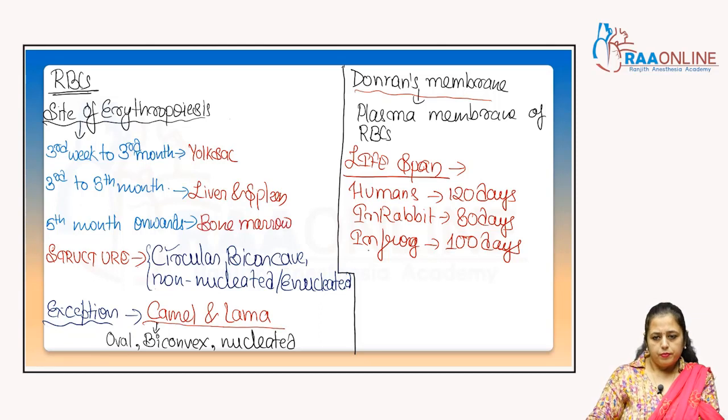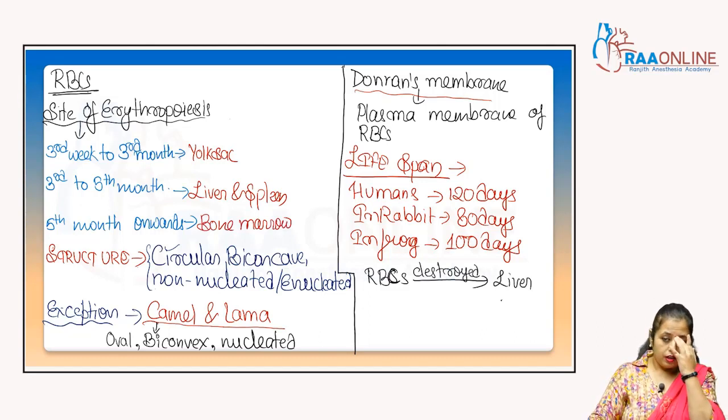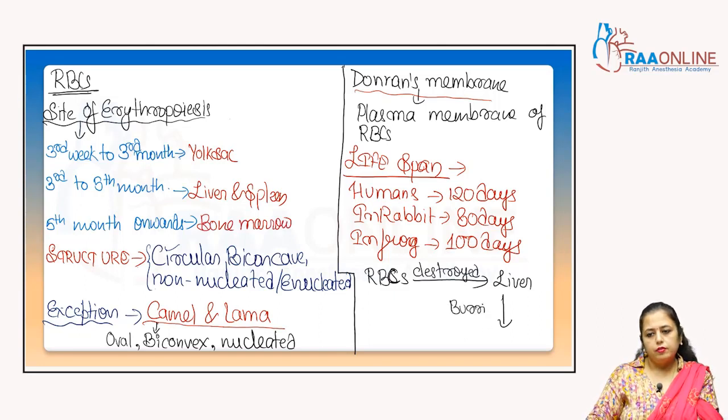Now, after the completion of its lifespan, when RBCs disintegrate, these RBCs are destroyed in the liver, and after that they are buried, and complete destruction occurs in the spleen, right?